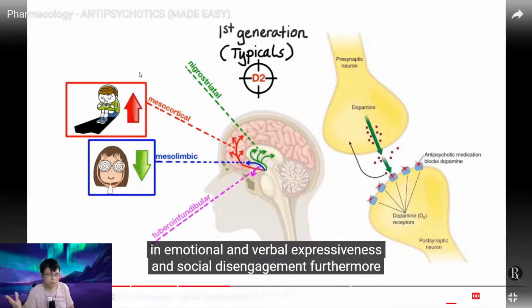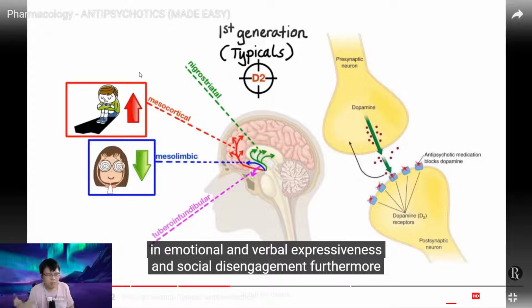Take note, this may also be a result of blockade of D2 receptors in the mesolimbic pathway, because there is neuroleptic-induced deficit syndrome. It's a more technical term, but basically secondary negative symptoms can result. So again, it's a double-edged sword.